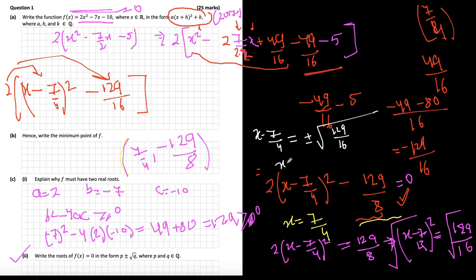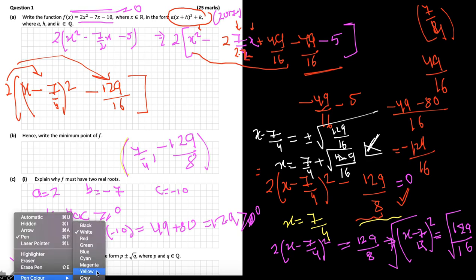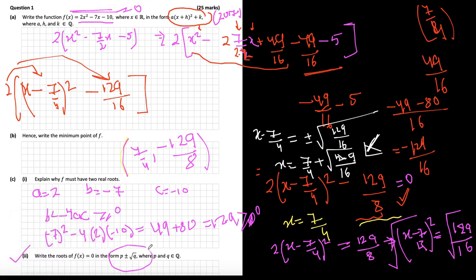So your x will be equal to 7 over 4 plus minus under root 129 over 16. Now this answer is in the form of p plus minus under root q. Sorry, here there should be a negative also. So x is equal to 7 over 4 plus minus under root 129 over 16. So this is your final answer.